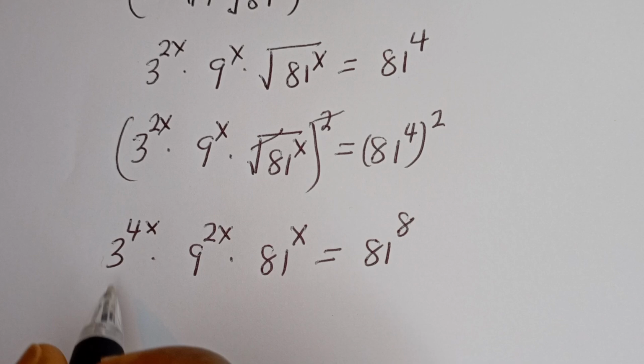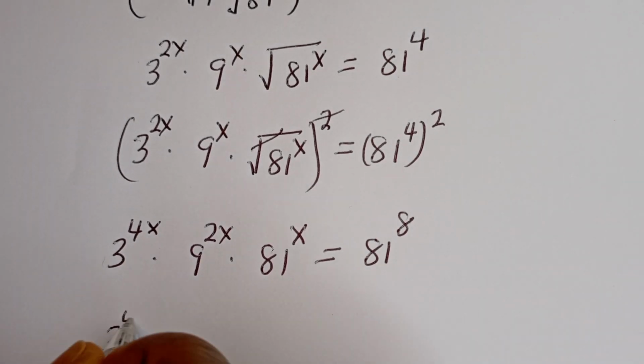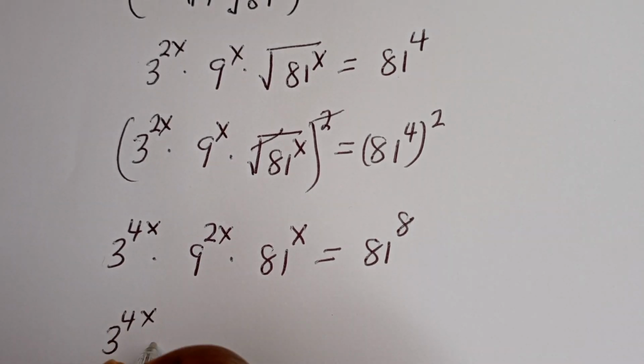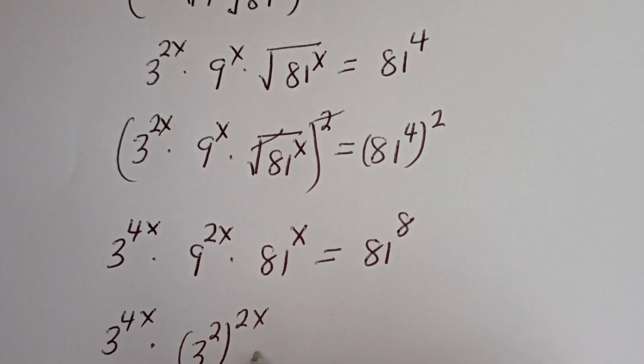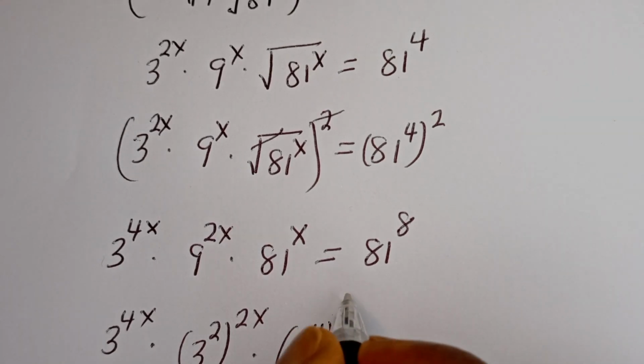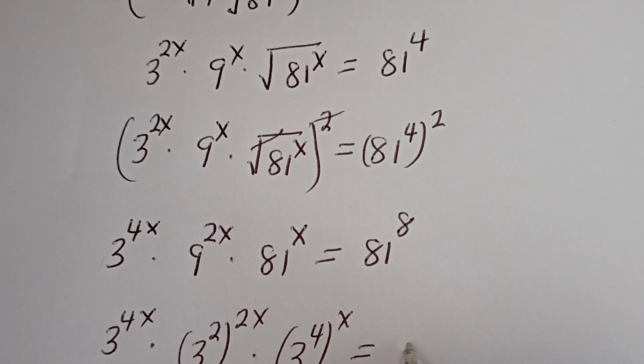Then this can be written as 3 to the power of 4x multiplied by 3 squared to the power of 2x multiplied by 3 to the power of 4 to the power of x is equal to 3 to the power of 4 to the power of 8.